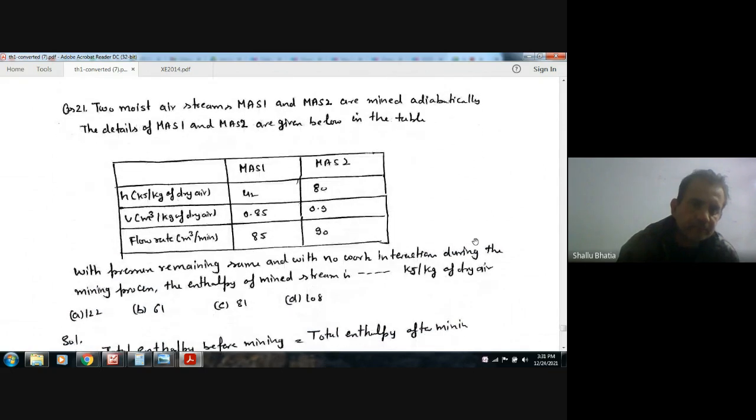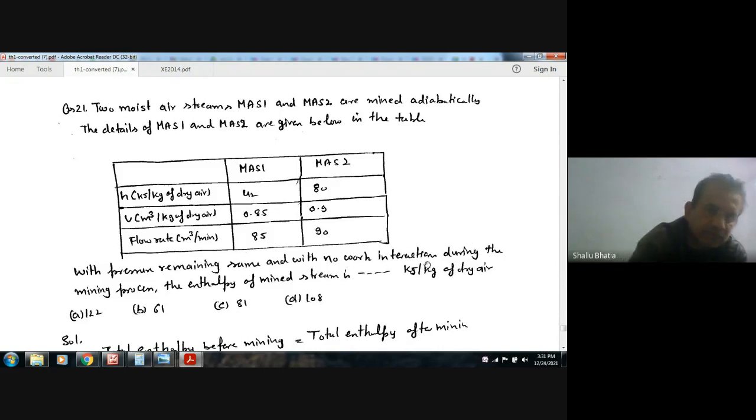Next, two moist air streams MAS1 and MAS2 are mixed adiabatically. The details of MAS1 and MAS2 are given below.